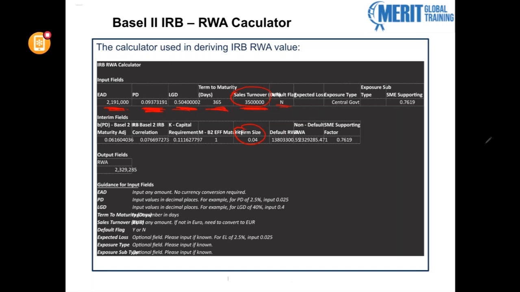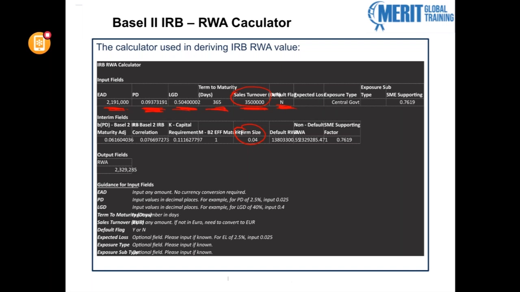We have the default flag, which shows whether the exposure, or the customer, is actually in default or not. The way we calculate risk weight is different depending on whether the customer is in default or not.